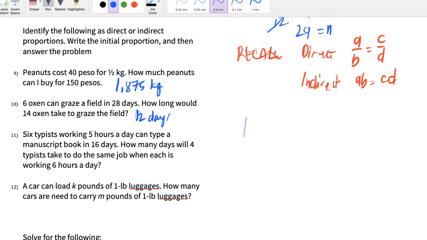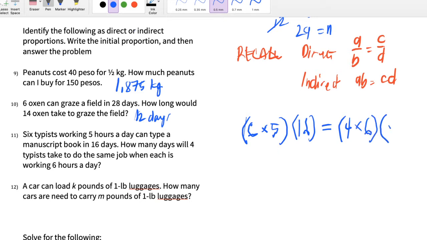Okay, so we have here 6 typists working at 5 hours a day. So that's times 5 times 16 days. Okay? This should be equal to 4 typists working at 6 hours a day. So that's times 6 times x kasi hindi pa natin alam. Okay? So to get x, we divide both sides by 4 and 6.